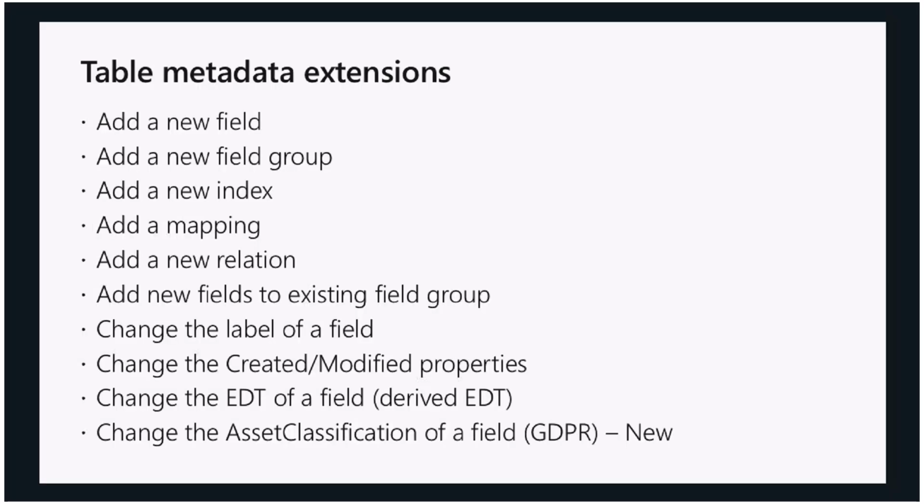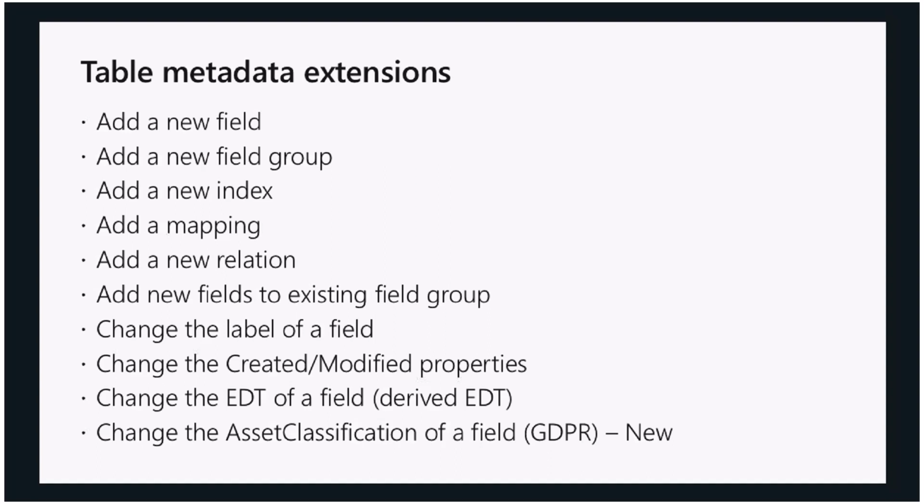As with forms, much of what we support from a metadata perspective is additive. We can add new fields, new indexes, new relations, even new fields to an existing field group. In terms of changing the table metadata itself, we can change the label of a field, change if created and modified fields are included in the table, and change the EDT of a field, but only to a derived EDT of the base type.